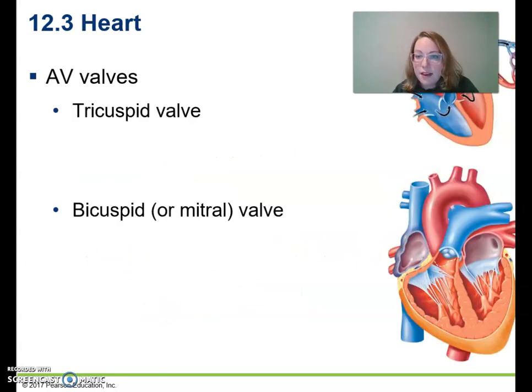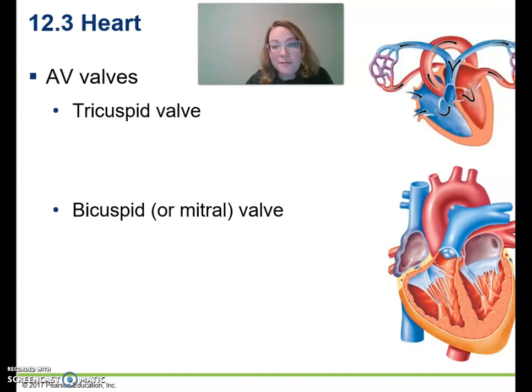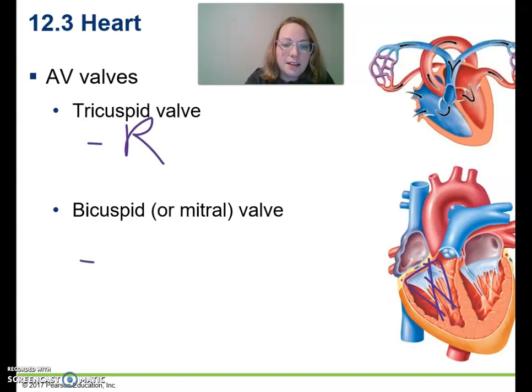Okay, so let's look at these. So the AV valves, oh, here I go, I'm up here now. I'm superior. Okay, haha, anatomy joke. Okay, so the AV valves are the cuspids. They've got these cusps, these flaps that sit down. The tricuspid is on the right side. The bicuspid or mitral is on the left.